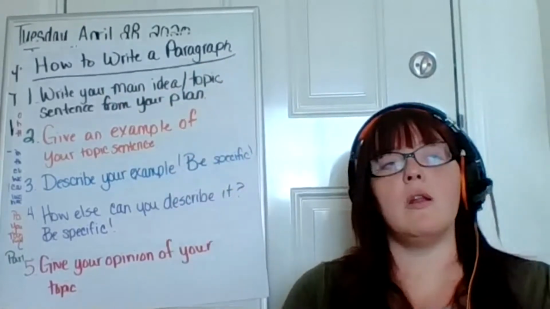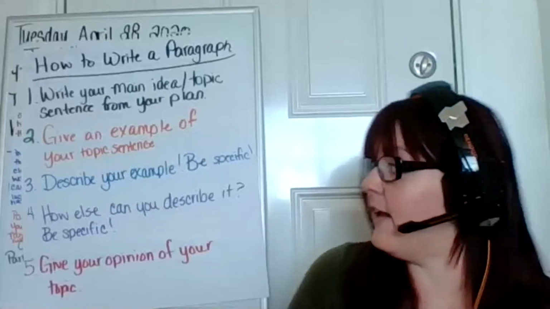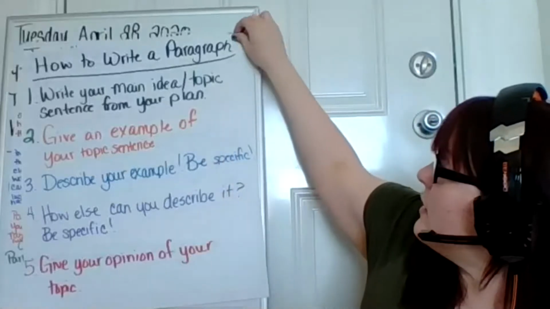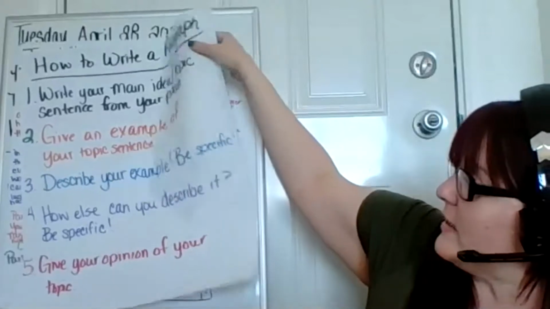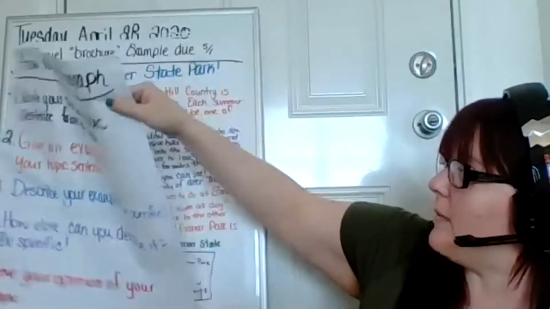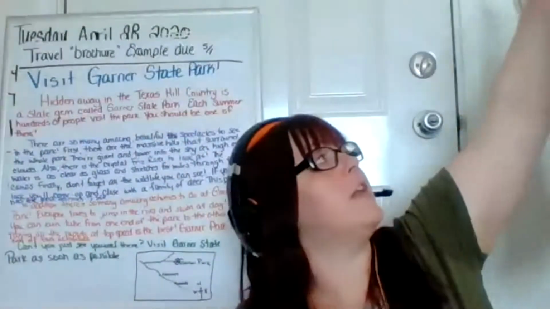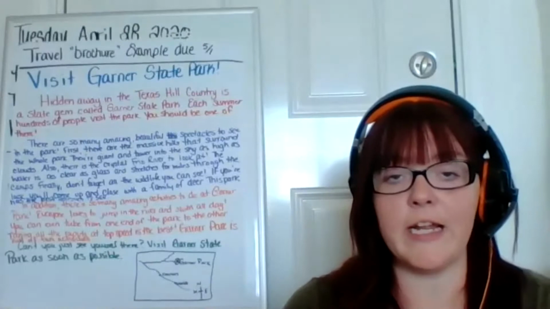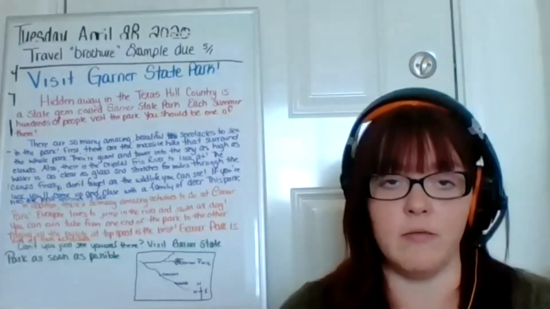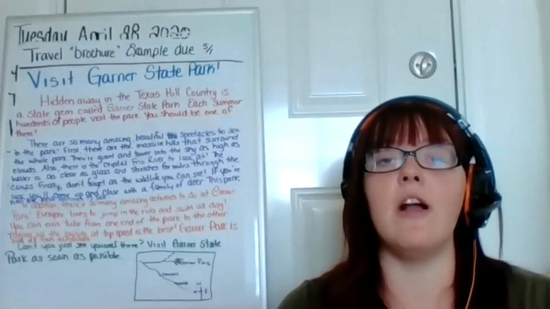So the reason why I go over that is because the assignments that we've had these last couple of weeks have been paragraph assignments, where you're just writing one paragraph and turning it in. This assignment is not like that. You are not writing one paragraph and done. You are writing a composition.